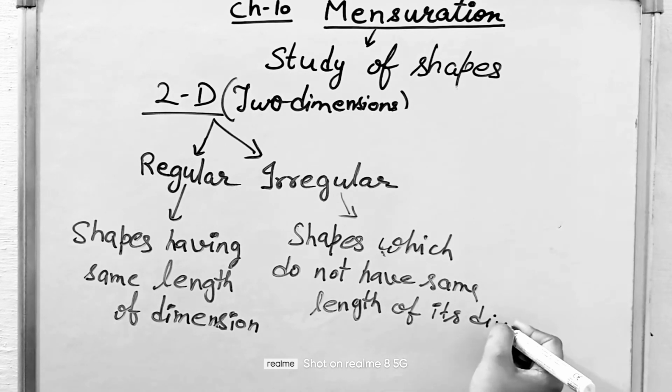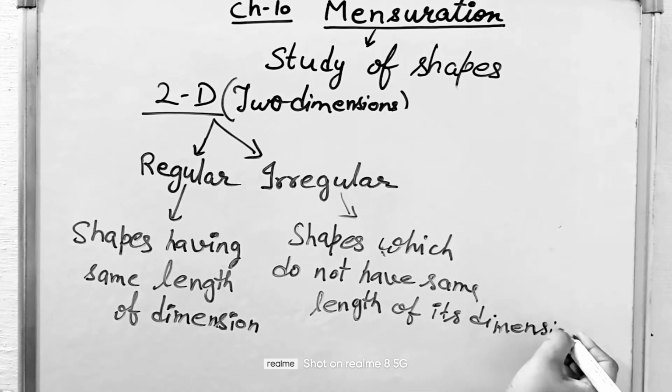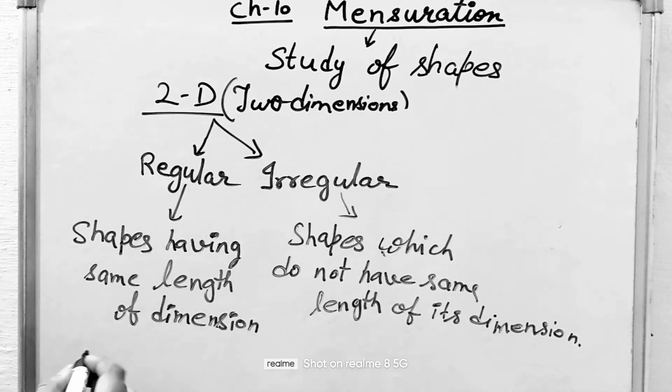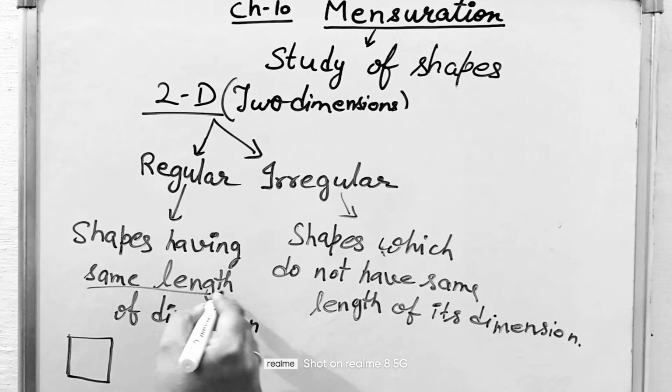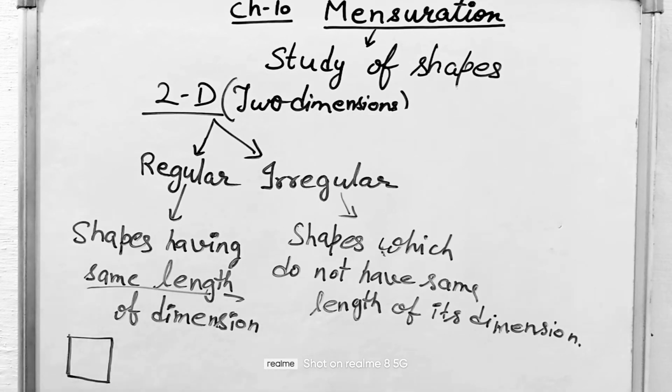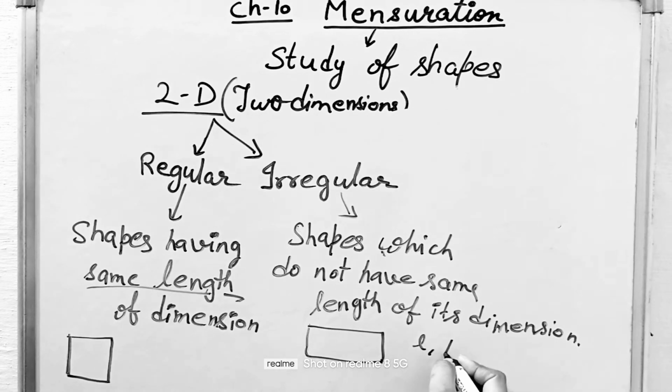For example, square is a regular shape because its all four sides are equal in length. So that means this has same length for all of its dimensions. So this is a regular shape. A rectangle will be an irregular shape because it is having two dimensions and they both are different.